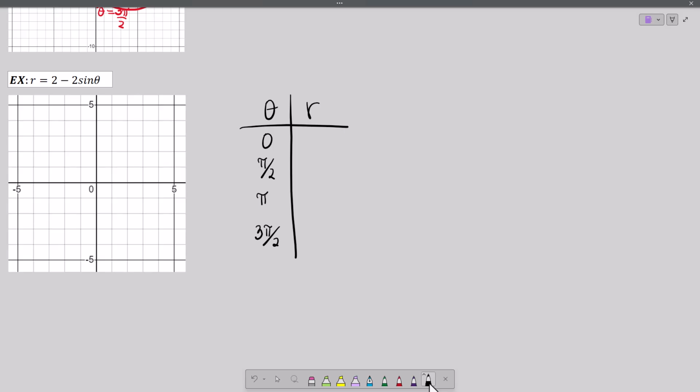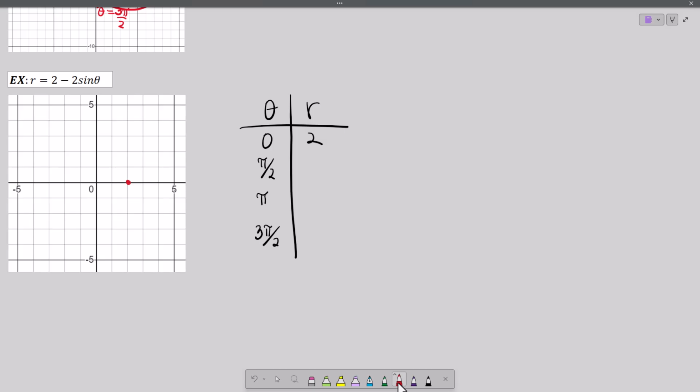I just noticed that. So when we plug in 0, is everybody on board that we get 2? So the interesting thing with polar is that we plot the point in that direction. So if r is positive, like it is here, in the 0 direction, we go 2 units away from the origin. Now if that was a negative 2, we would be over here. If r was negative 2, we'd go in the opposite direction.